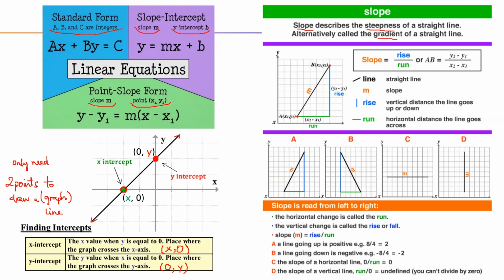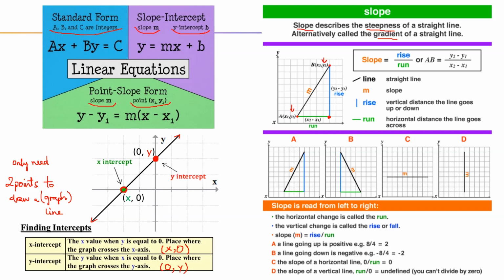Rise is the vertical distance the line goes up or down. You can see the picture, right? We have y2 right here, to subtract the y1 right here, at the same level with that point. So the blue line will be y2 minus y1.